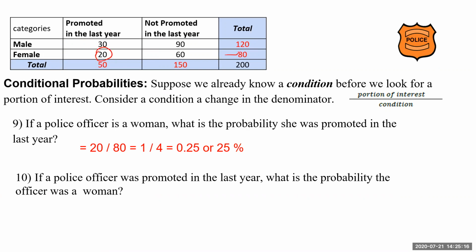If an officer was promoted in the last year, what is the probability the officer was a woman? All right. So that is what? 20 over 50. Is that okay? Nice.